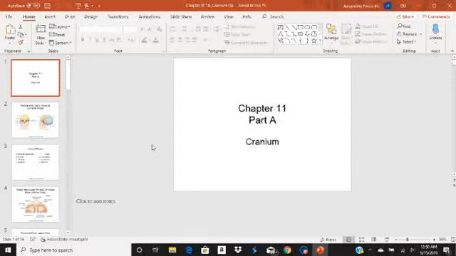But this week is only cranium, and any part of the ear will not be on the test. I know that Lab A did not cover the ear, or they might have just a little bit for basically the equilibrium, but that was it. So out of fairness, I wanted to make sure that everybody was on the same page and covered the same material, so we will not have ear on this coming test.